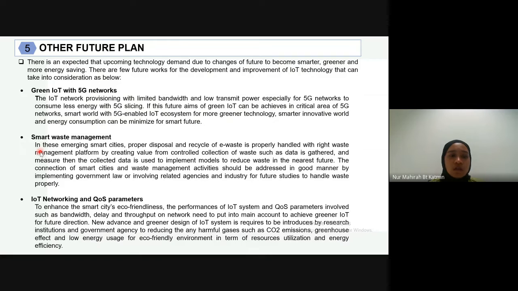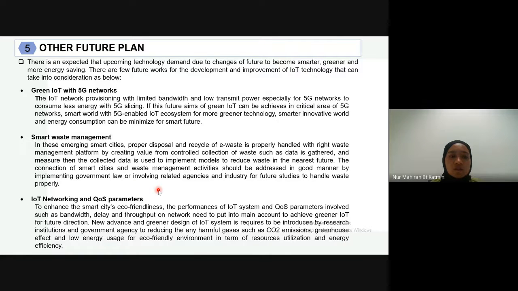The second future plan is smart waste management. From the other slide, we also see that in these emerging smart cities, proper disposal and recycling of e-waste needs to be properly handled with the right management platform, by creating value from the collection of waste, such as data being gathered and measured, and then the collected data is used to implement a model to reduce waste in the nearest future.